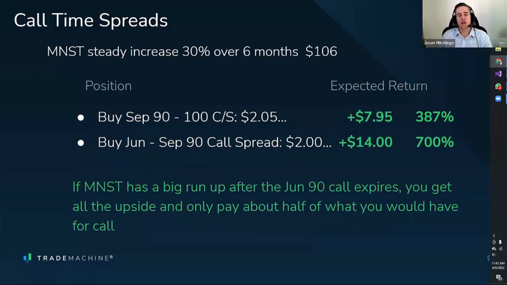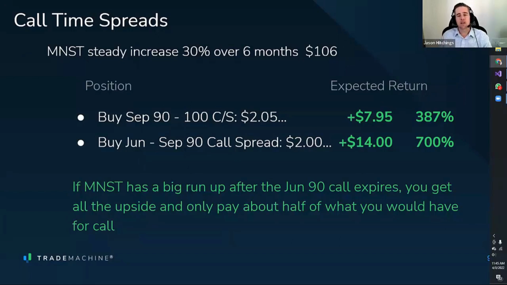Well, if the June option still expired out of the money, if the stock hadn't gone above 90 by June, all of a sudden we own the September 90 call free and clear. We collected $1.75 for selling that June option, but now we just own the September 90 call, quote unquote, naked. We just own it outright.